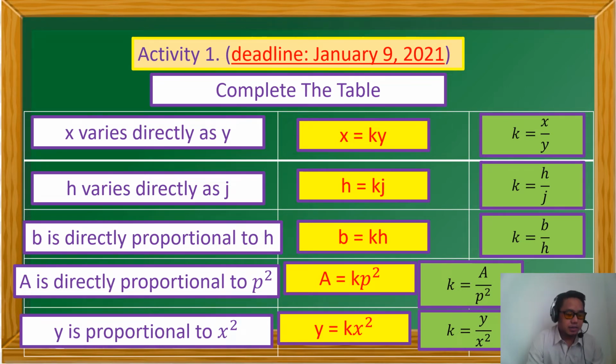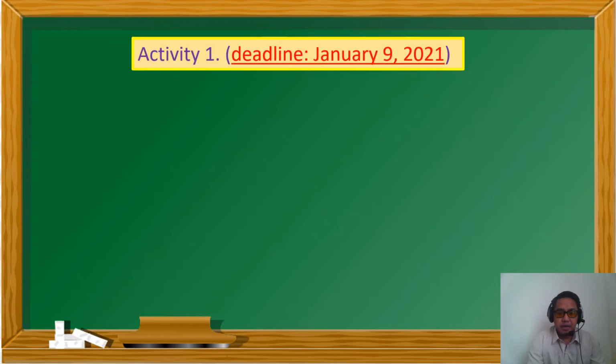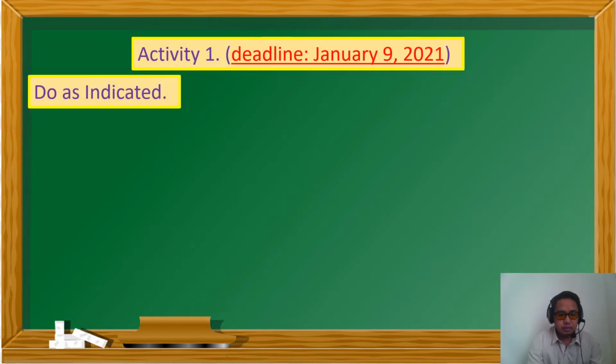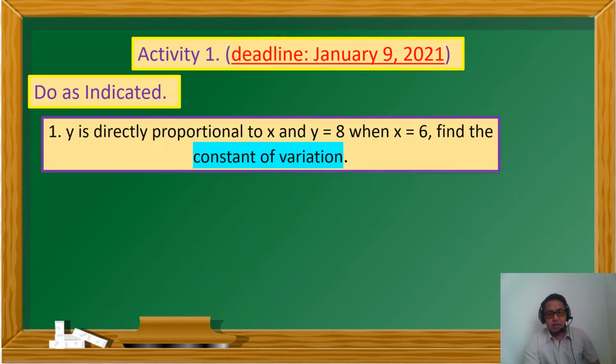Let's continue. Okay? So another activity. y is directly proportional to x and y is equal to 8 when x is equal to 6. Find the constant of variation. Finding the constant of variation means finding the value of k.